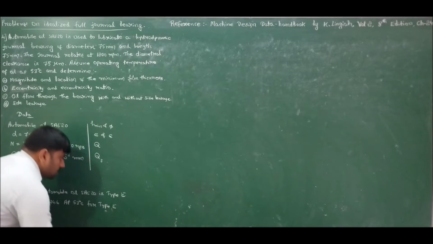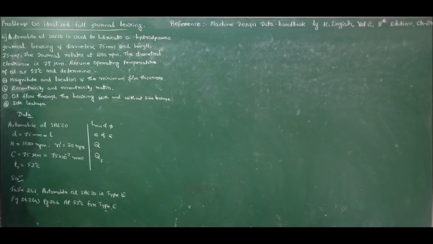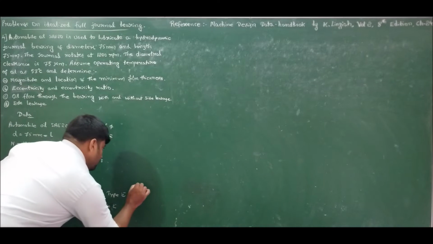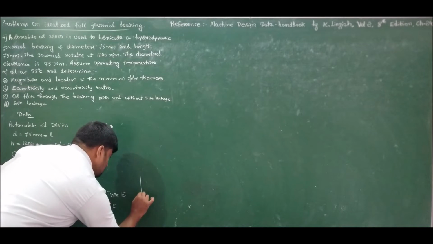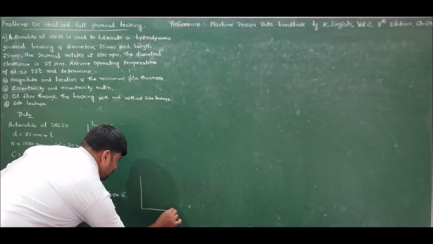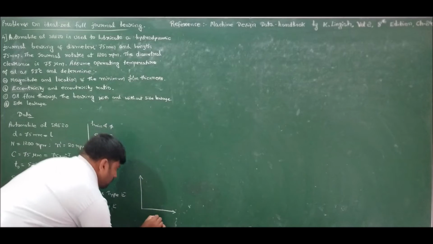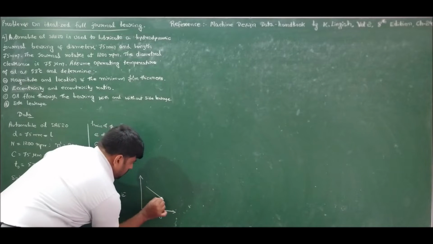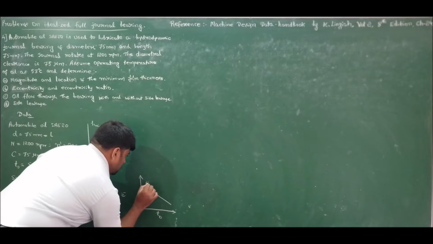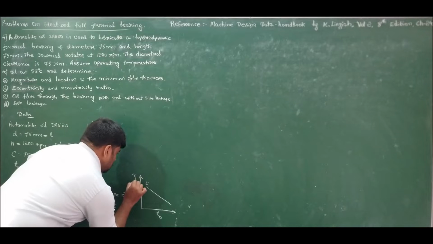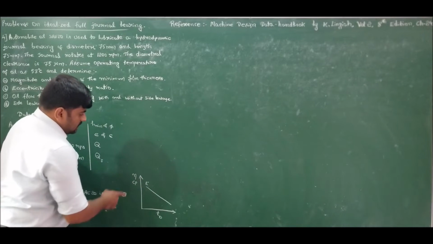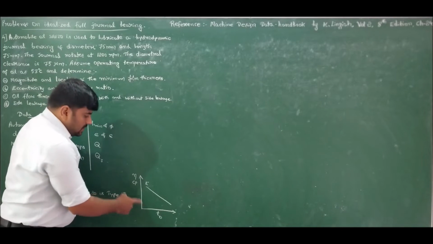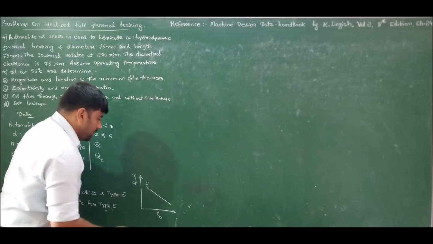So from the graph, we have operating temperature T0, oil type E, and eta in centipoise. Eta is specified on the y-axis in centipoise, whereas the x-axis contains the operating temperature.